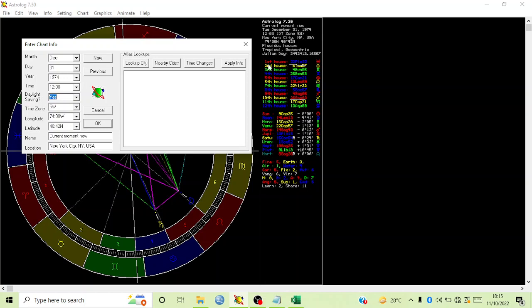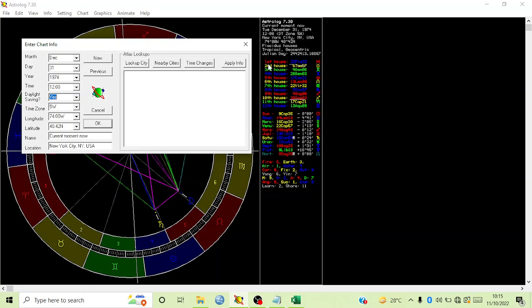Now, due to this same setting of putting it on yes, you find that the first house is going to be different from what it's supposed to be, right? Including the 10th house. In short, the whole houses will be differently configured, right?